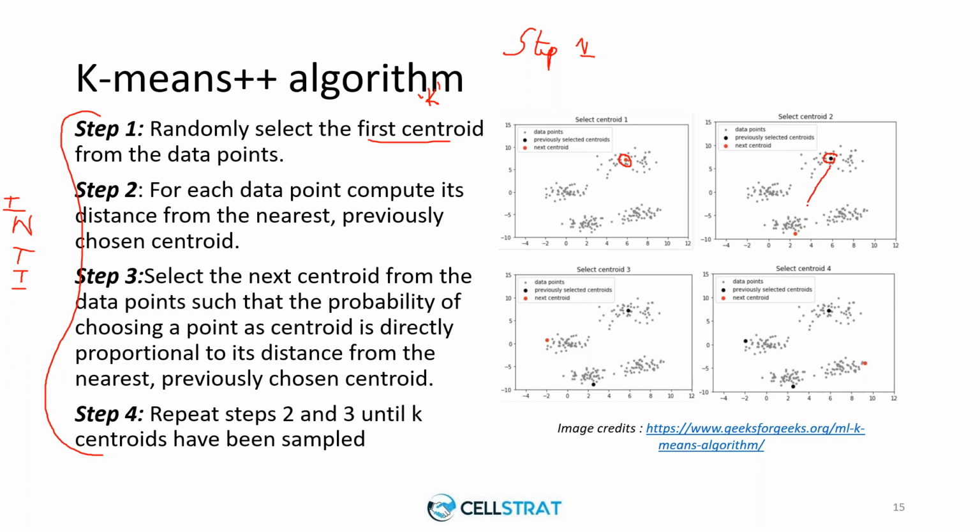Whichever is farthest away, it selects as the next centroid. Similarly, it does this K times. If you have given four clusters, then it will do this four times until it finds four centroids, which are much better than random initialization.